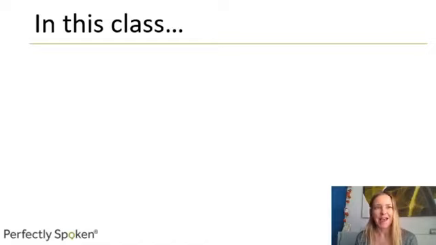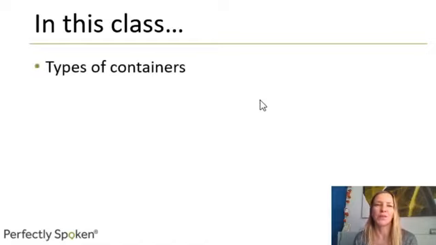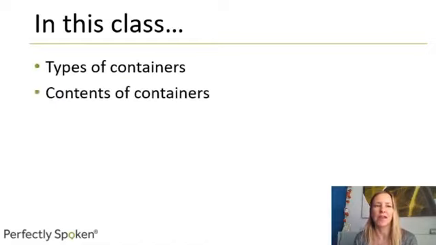Go to the supermarket and see if you, in your head, can say the names of the containers in English. Okay, so that's all we have for today. That was lesson 56 done. Congratulations. And just a reminder, in this class, we talked about types of containers, contents of containers, and quantities.